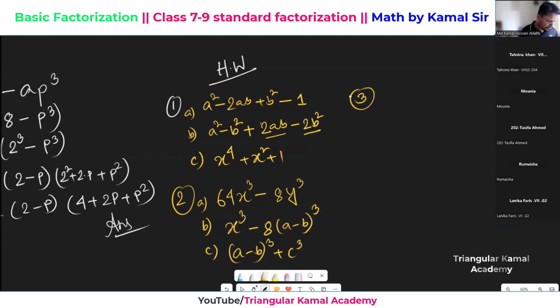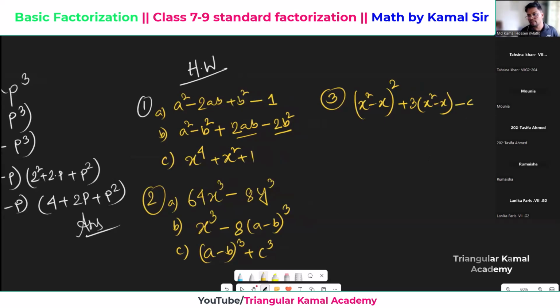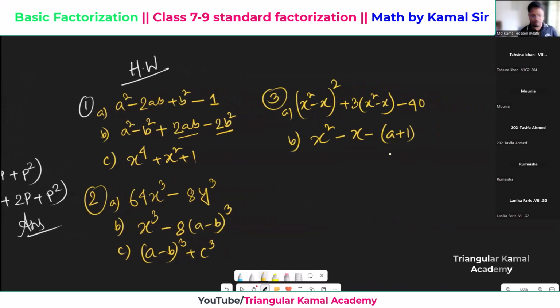Number 3, (x square minus x) whole square plus 3 times of (x square minus x) minus 40. This is one math. And math number b, x square minus x, (a plus 1) multiply (a plus 2).